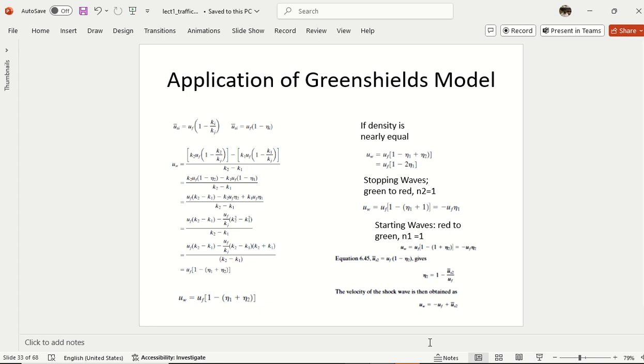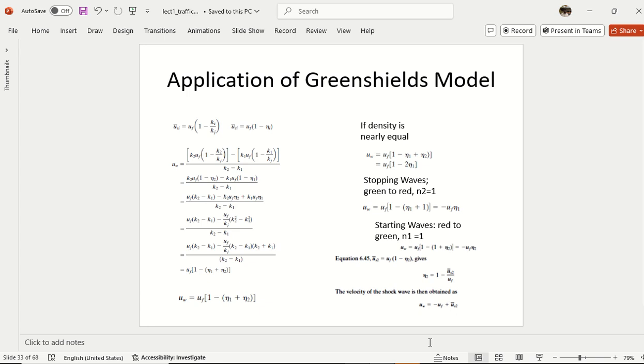So I was doing Q1 minus Q2 over K1 minus K2. Instead of Q, I'll put K into U. What is my U?